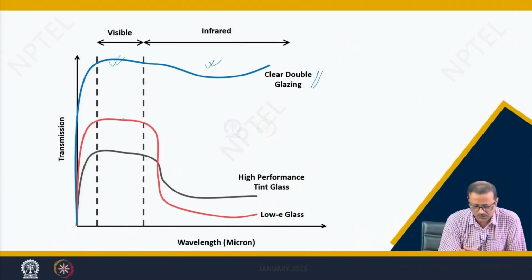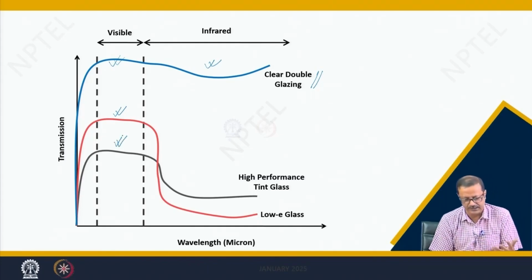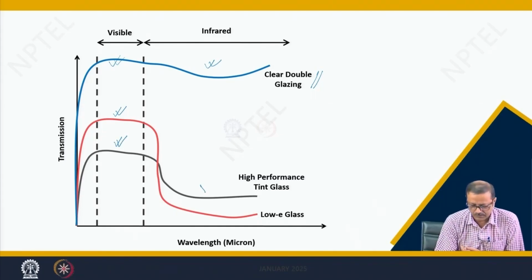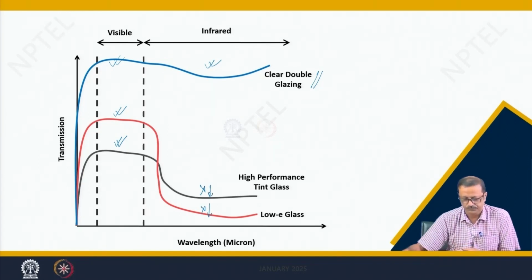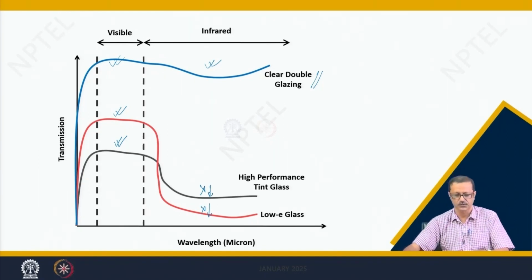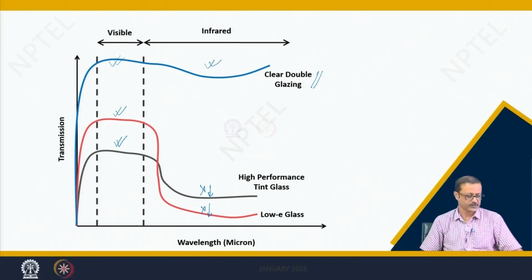But I can go for this curved one, where we have good visible spectrum penetration but very low infrared penetration. Those are the low E glasses also. See the red color pattern: very high visibility and low infrared.